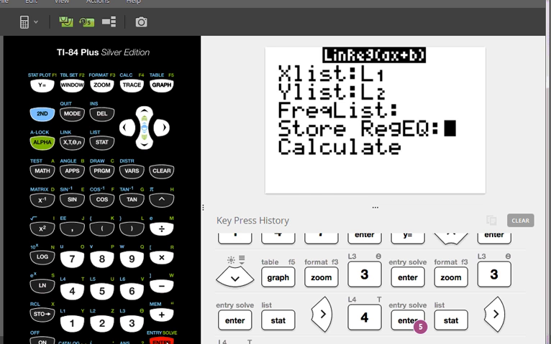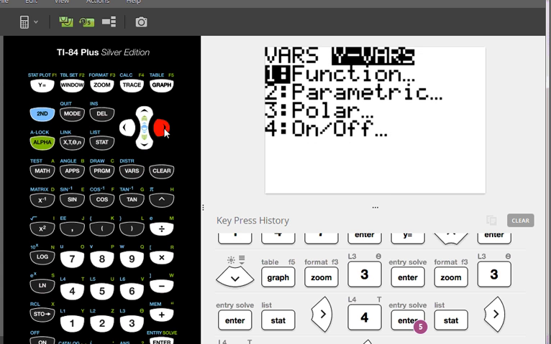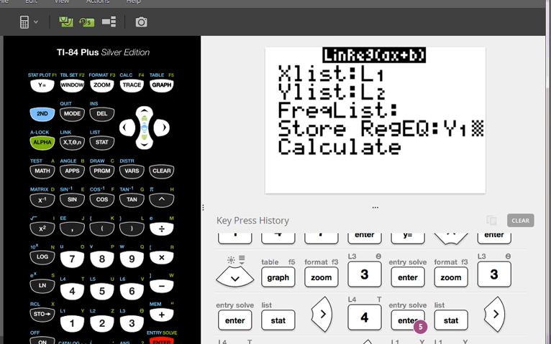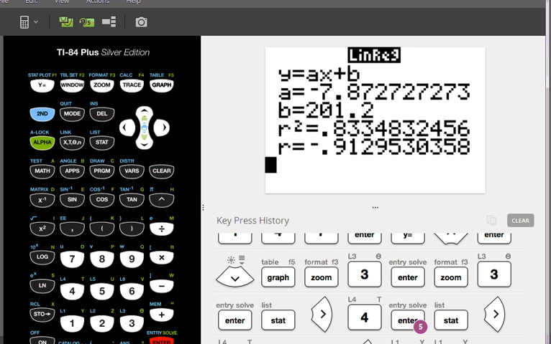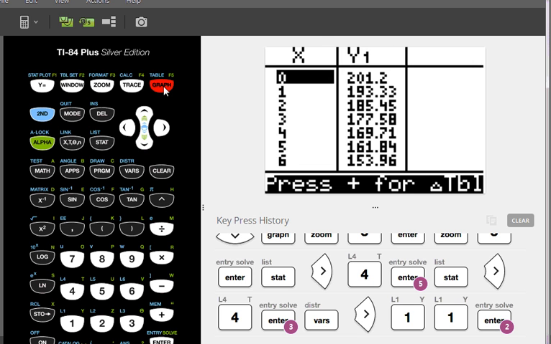And that's where you store vars to the right, 1, 1. And then you go to calculate. Now, the cool thing is not only that you can see it, I mean, because when you go to y equals, now you've got that equation in there. When you graph it, you'll see it. But what's even nicer is that you could go to your table, right? And I'm looking for my 15th ranking one.